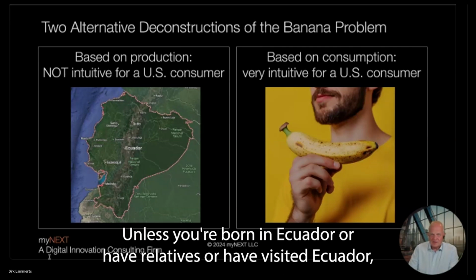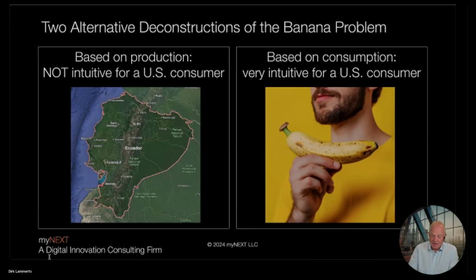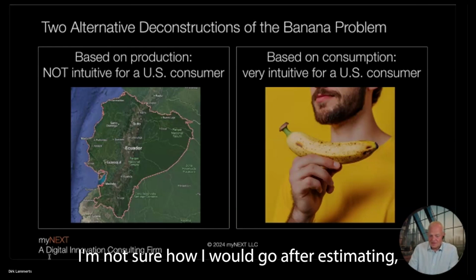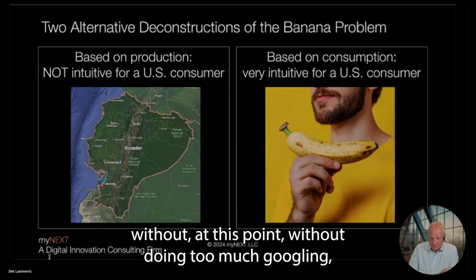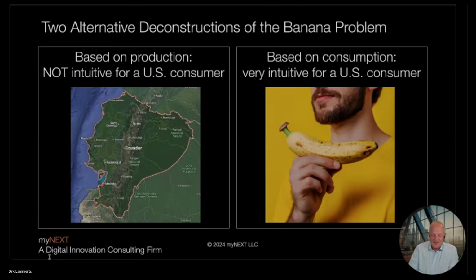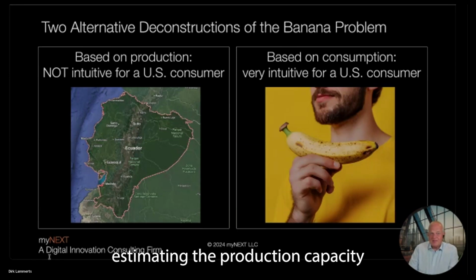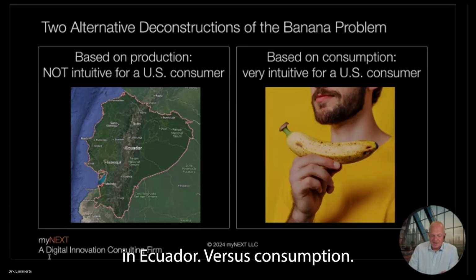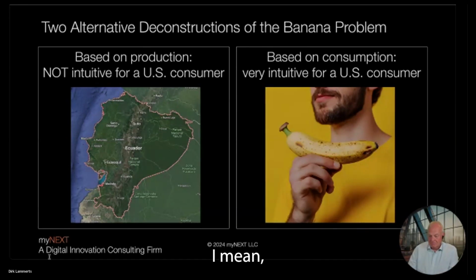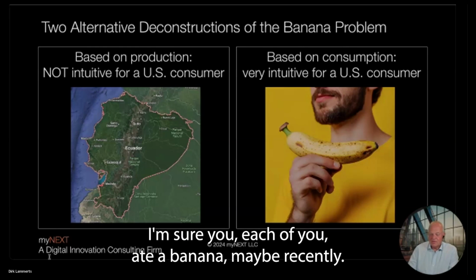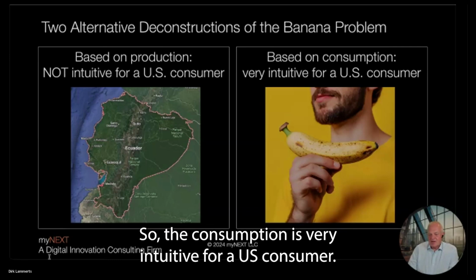Unless you're born in Ecuador or have relatives or have visited Ecuador, I'm not sure how I would go after estimating, without too much Googling, the production capacity in Ecuador versus consumption. I'm sure each of you ate a banana, maybe recently. So the consumption is very intuitive for a US consumer.